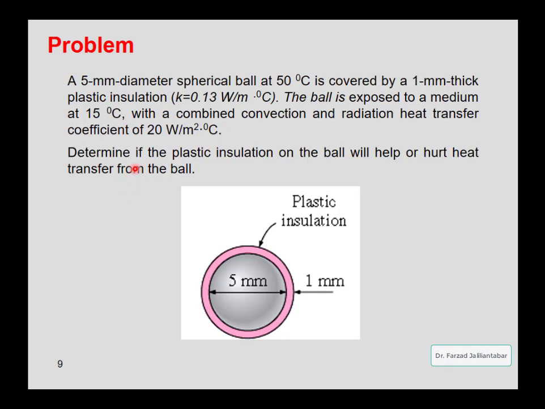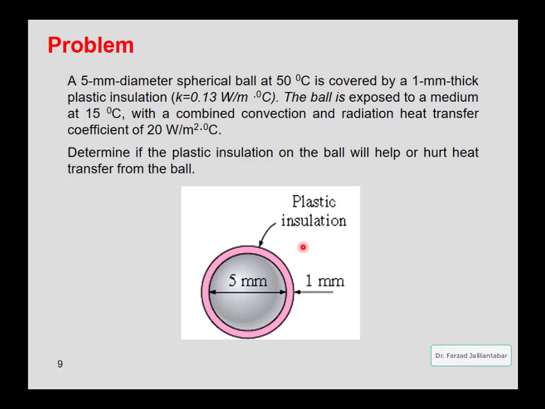Then we should determine if the plastic insulation on the ball will help or hurt heat transfer from the ball. As you know, insulation for a cylindrical shape or spherical shape may increase or decrease heat transfer of that cylindrical body or spherical shell.